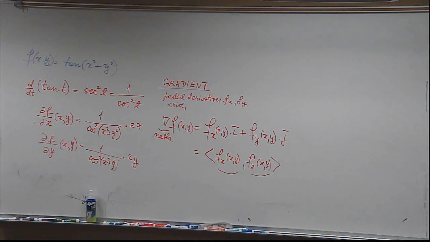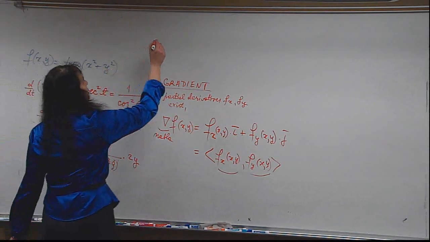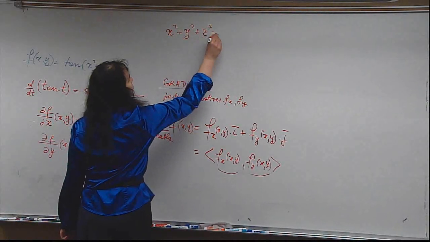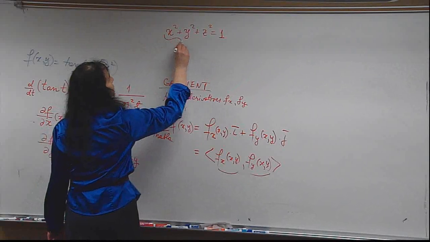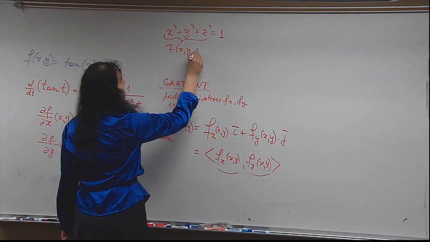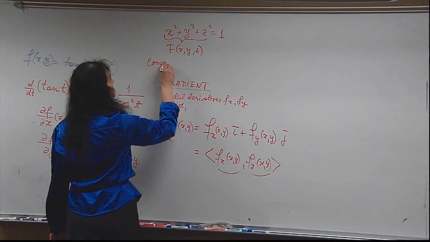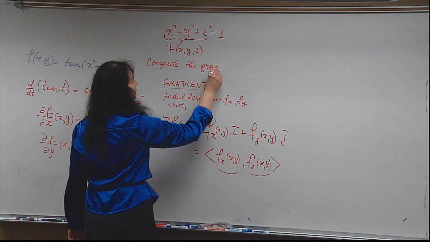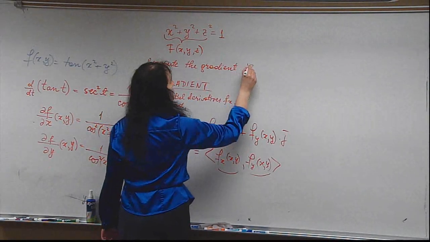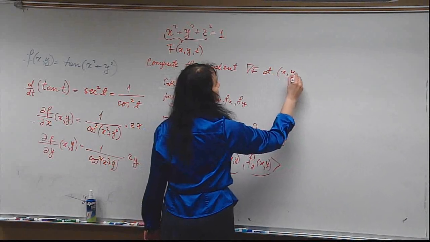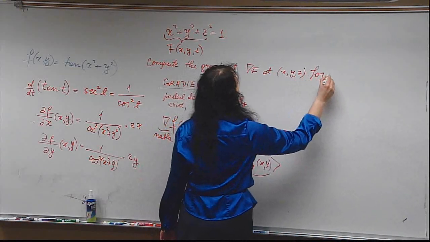Can you have this notion for a function of 3 variables? Absolutely. Now I'll give you an easy one. Suppose that you have x squared plus y squared plus z squared equals 1, and let's call it f of x, y, z. Compute the gradient nabla f at any point x, y, z for f.